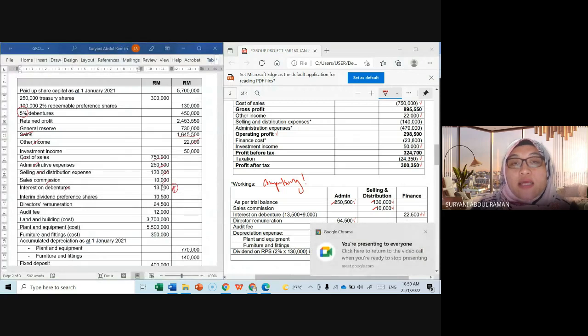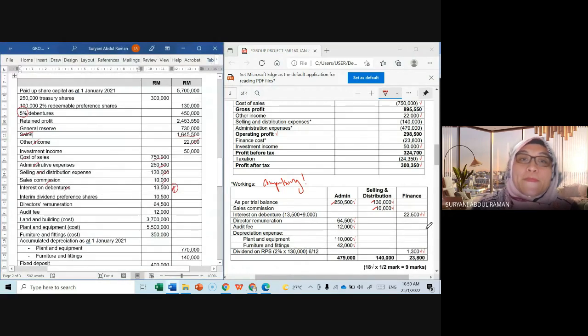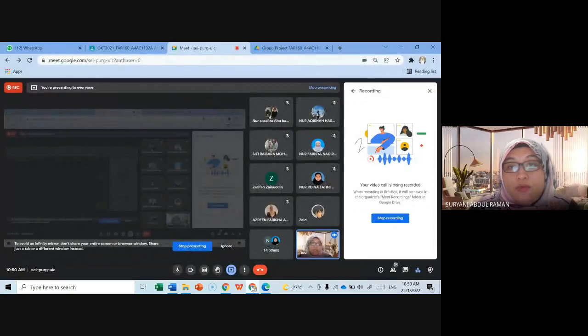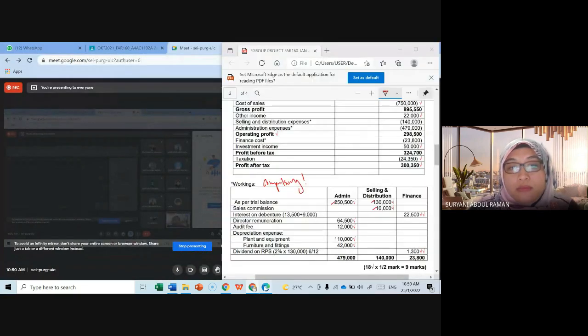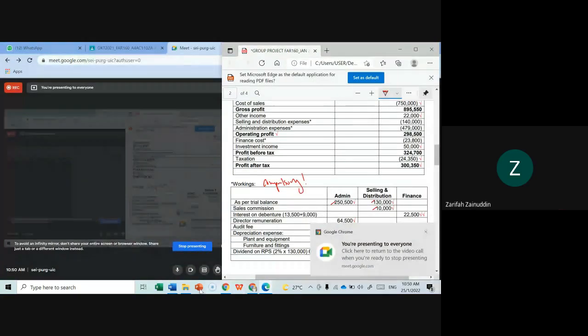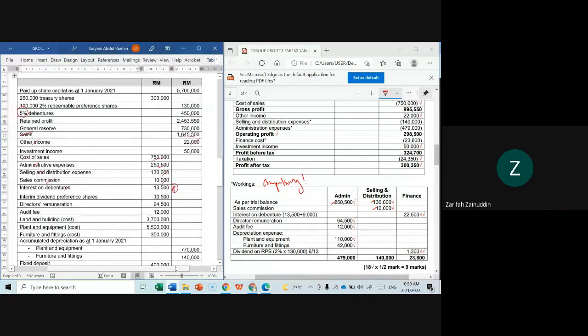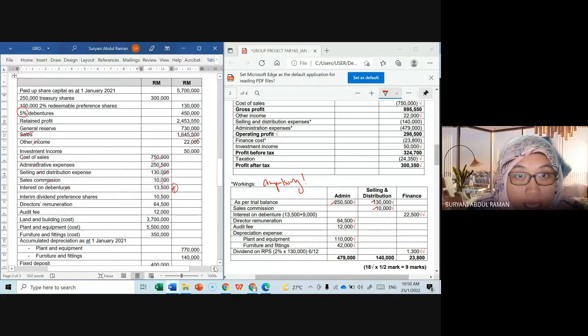You only have 13,500 now. Sorry? Minus 22,500. Okay, you said minus. Why do you need to minus? It's my amount not paid yet. I want to find the amount that is not paid yet. Okay, logically, if you want to find the amount that you have not paid yet, do you add or do you less?